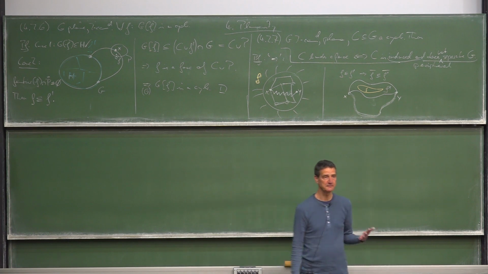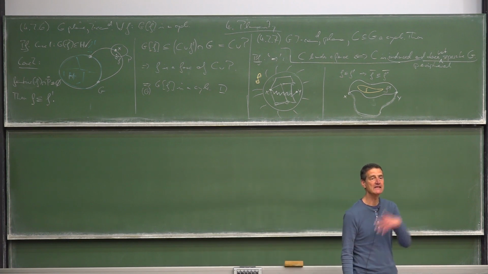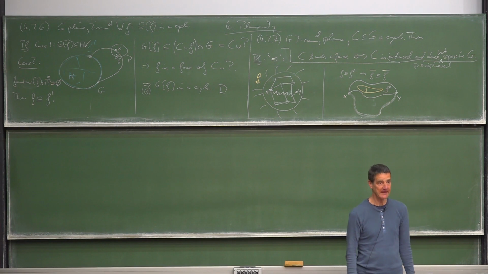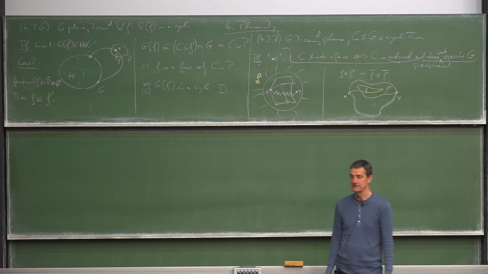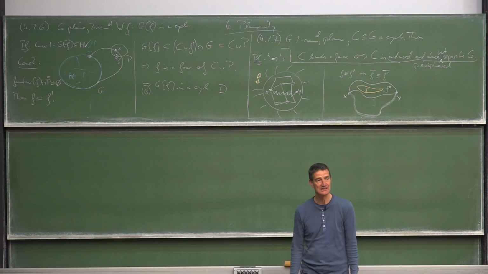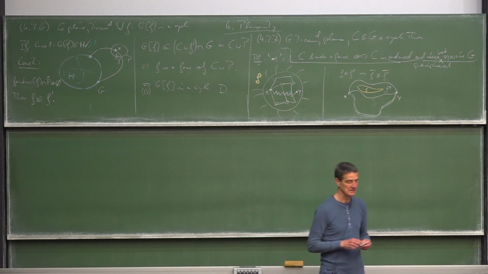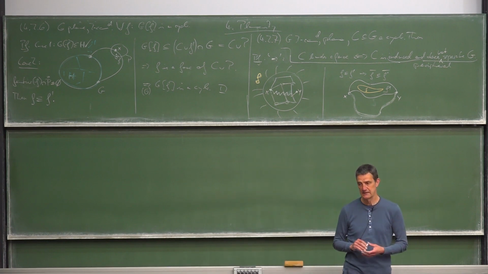Now, when we have a plane graph, we can maybe make it bigger until we can't make it any bigger. And the plane graph we get to when we're stuck is called maximally plane. So G is a plane graph.